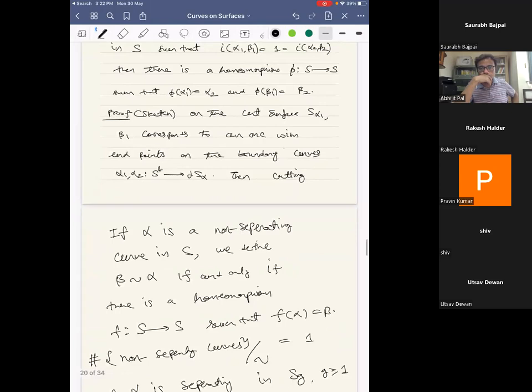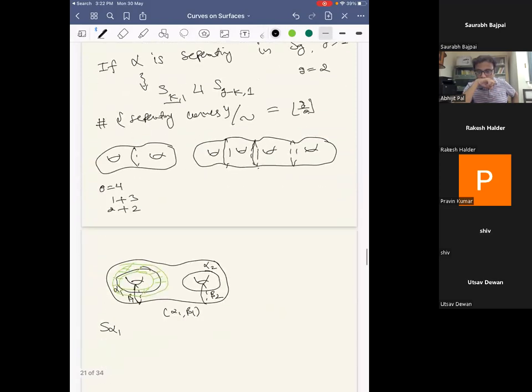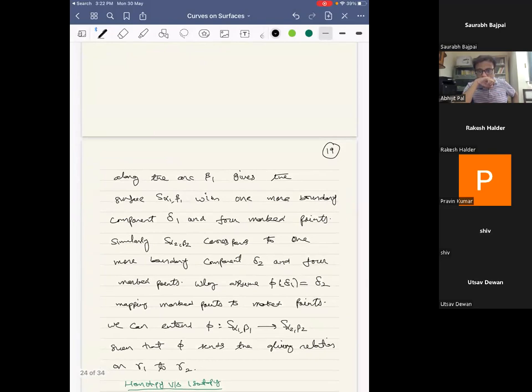Let us write this as a map from S1 to the boundary of S alpha. Then you cut along the arc beta 1. This gives you the cut surface, let's call it S alpha 1, beta 1. You have the cut surface along alpha 1, cut along this arc beta 1. Then where are these endpoints?